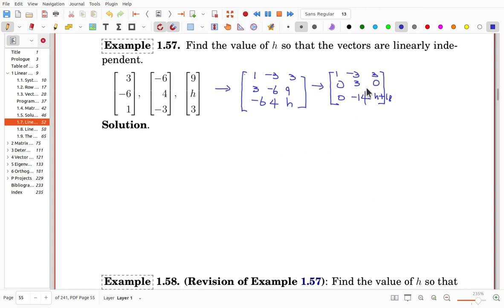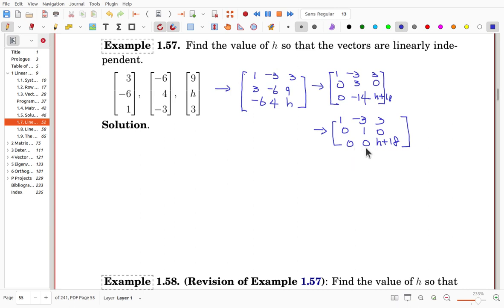Now here we can make a scale, and that can be subtracted, so that here we have 1, minus 3 and 3, 0, 1, 0, and 0, 0, and h plus 18. We want to find the value h so that the vectors here are linearly independent.